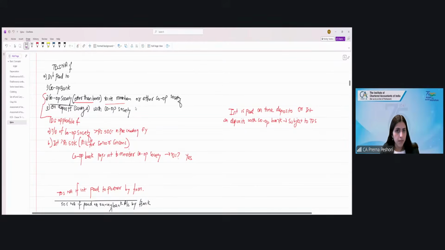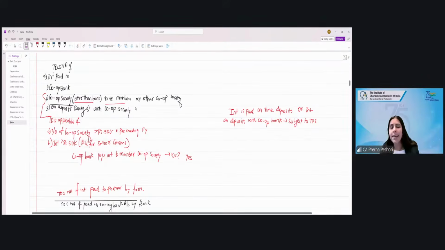Yes or no? However, a cooperative society will be liable to deduct the TDS if the turnover of the cooperative society is greater than 50 crores in the preceding financial year and the interest is more than 50,000, right?